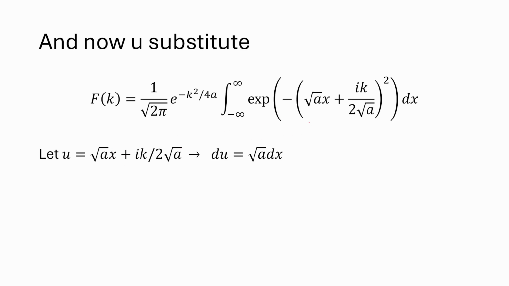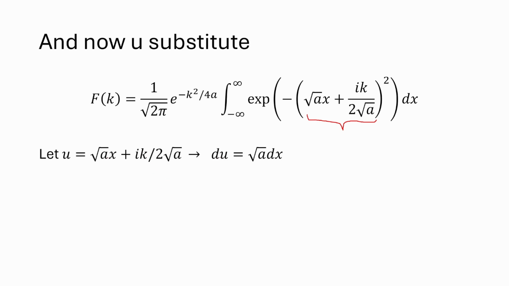So this entire business, e to the negative stuff squared, that stuff is going to be our u function. And this is great because when you take a derivative of it, then the ik over 2 root a is a constant term with respect to x. That means that du is just root a times dx. It's just the coefficient of the linear x term, and that's it. And d of the other stuff is 0.